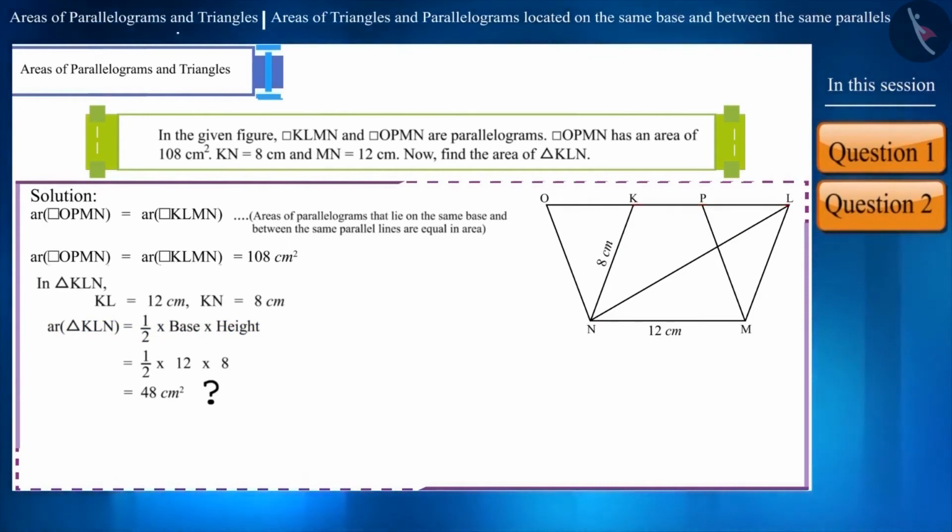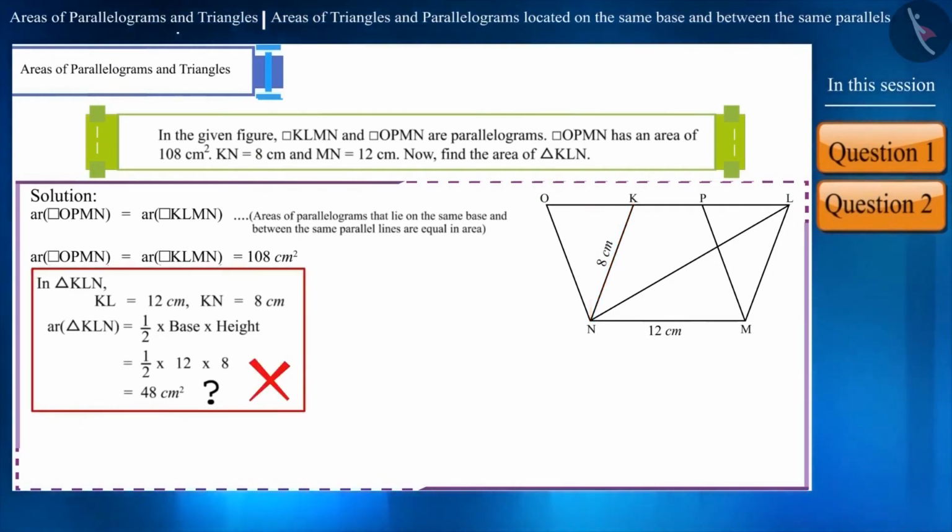We have been given the measurements of base KL and side KN. But KN is not the height of the triangle because KN is not perpendicular. Let's see how to solve this problem without applying this formula.